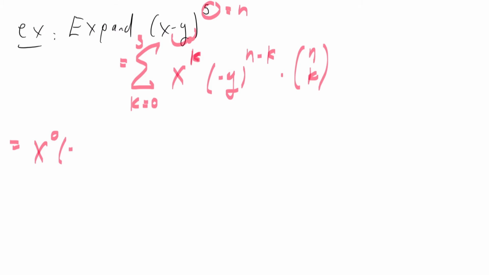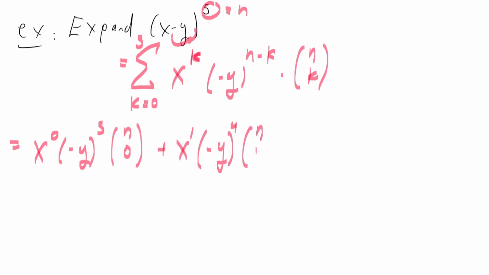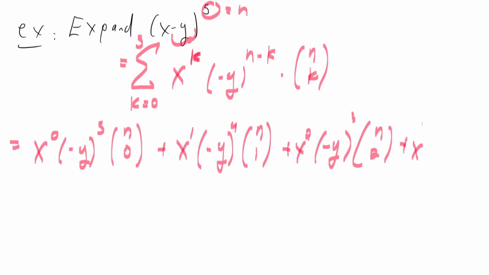So writing this all out, I get something like x to the 0 times minus y to the 5th times 5 choose 0. Then x squared times minus y cubed times 5 choose 2. And we're getting closer and closer.